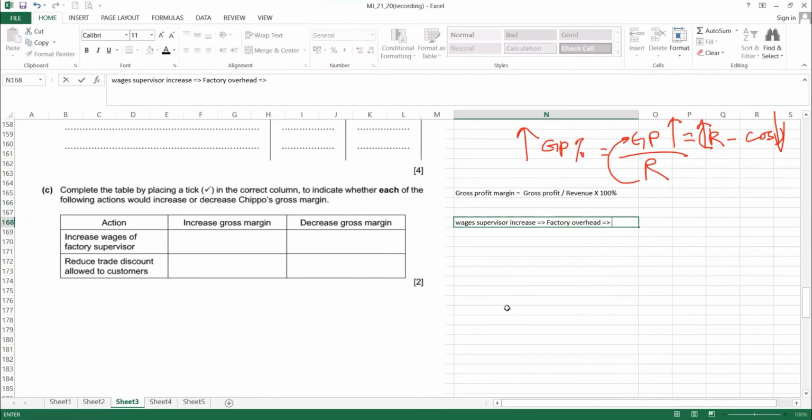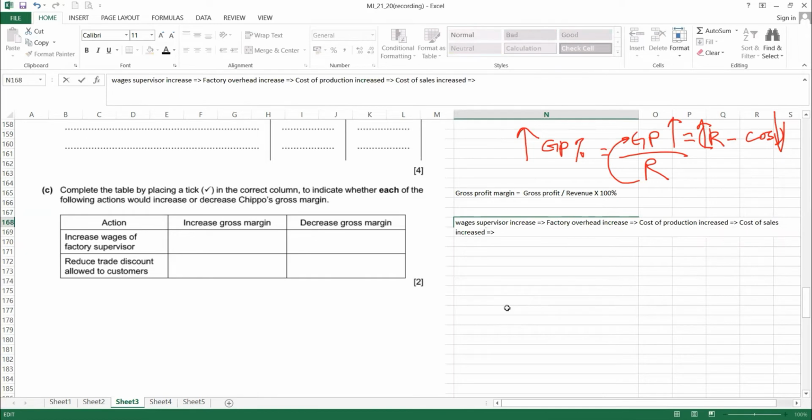Factory overhead is part of the cost of production. Okay. Cost of production is part of the cost of sales. So when these wages increase, cost of sales will increase. Here, factory overhead increase, cost of production increase, cost of sales increase.